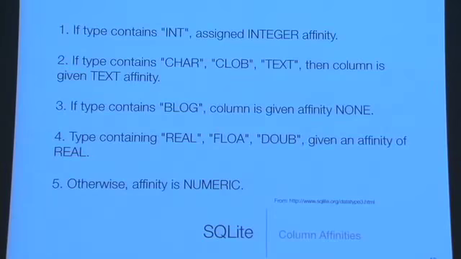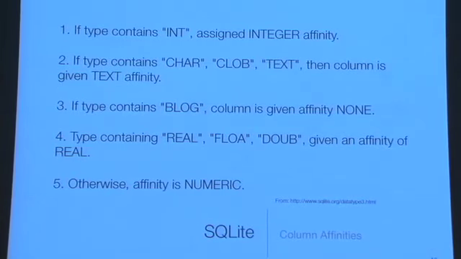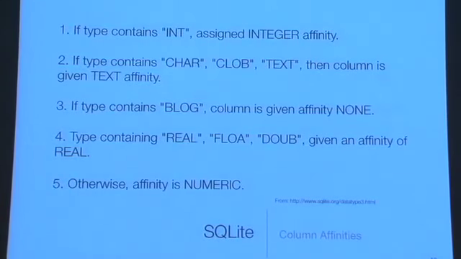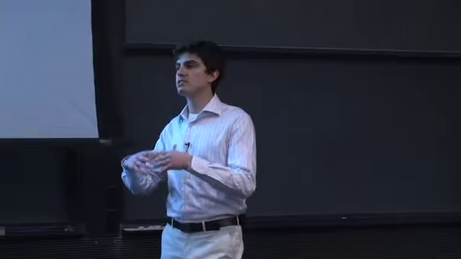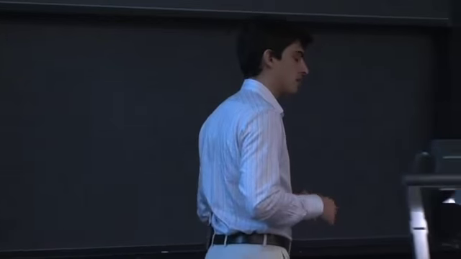Basically, if the type for a particular field contains int, which might be bigint or integer or what have you, then it's just going to assign it an integer affinity, so on and so forth, for a variety of the data types that you might expect in a typical SQL query language. So what all of this means is that SQLite 3 is a much simpler version underneath the hood compared to some of the other SQL query languages that you might have worked with, including MySQL, Postgres, and MS SQL.